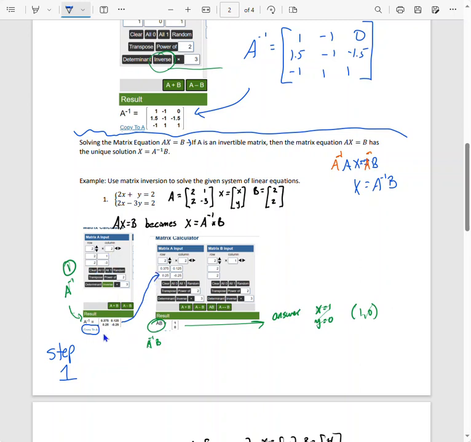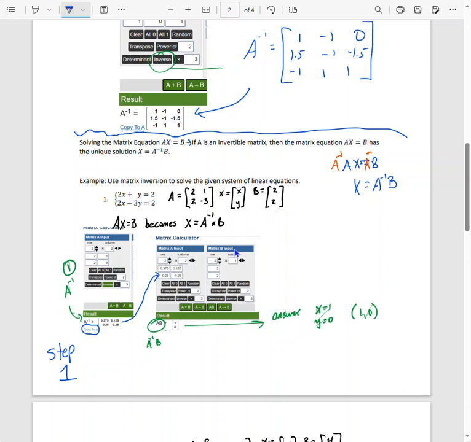I found A inverse, and I popped it right back in, so it was there for me without having to type the values, possibly missing a negative, messing up on a 1 versus 4, or a finger bobble to a 7, you never know. So now I have my A inverse.